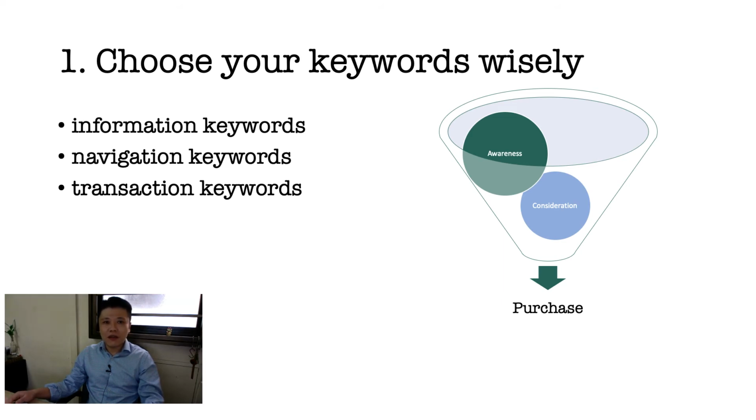And then after the initial research, I found a special substance that's very effective at cleaning my clothes. So I started searching for that substance. Those are navigational keywords. And then when I'm ready to buy a specific brand, let's say ABC, then I will look for "buy ABC", a transactional keyword.